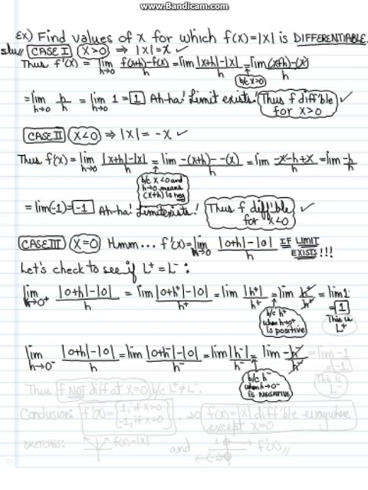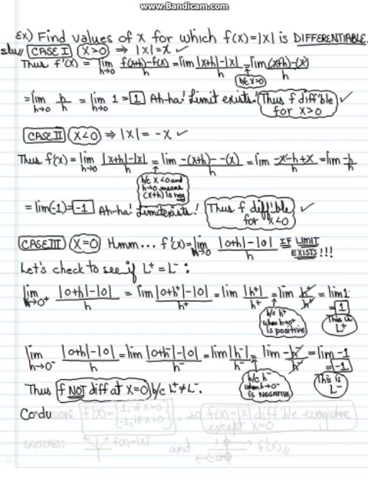And so we simplify and get the limit of negative 1, which is equal to negative 1. And that is our left side limit. L minus is negative 1, L plus is positive 1. Thus, the function f is not differentiable at x equals 0. And the reason why is because the limit doesn't exist at x equals 0. The right limit does not equal the left limit.